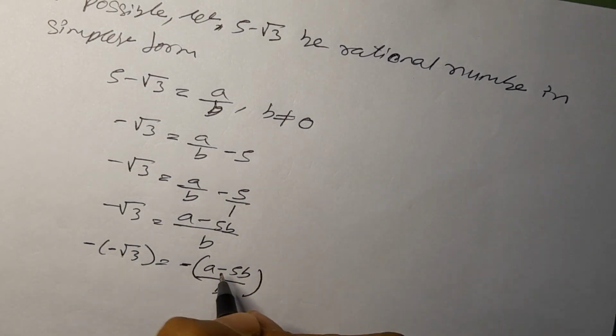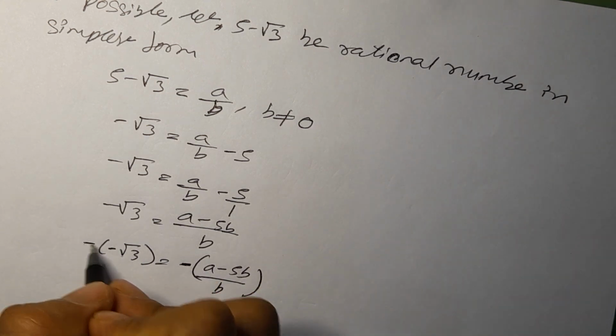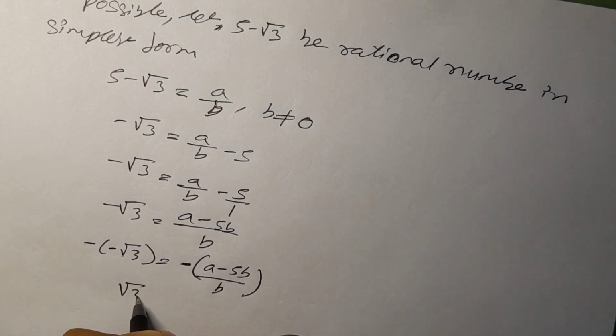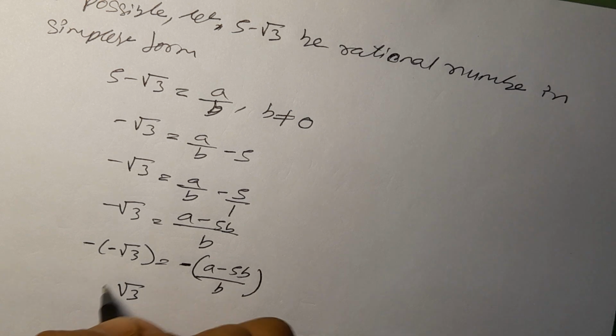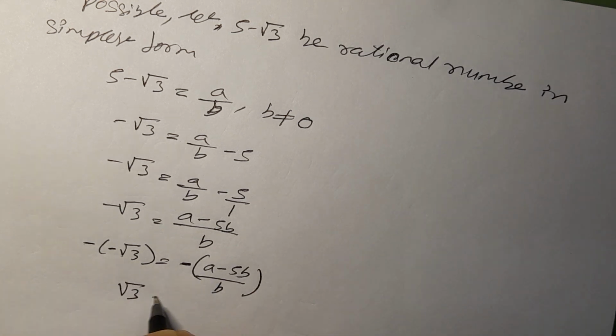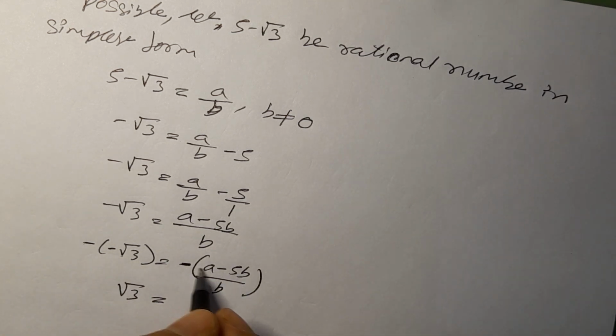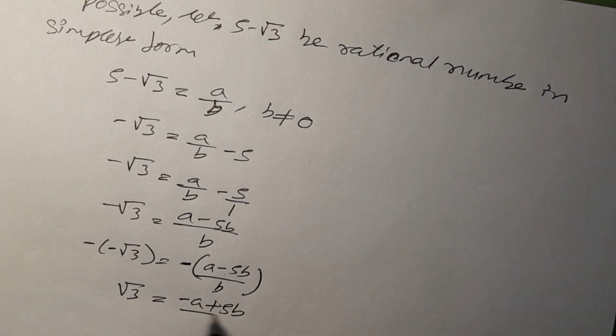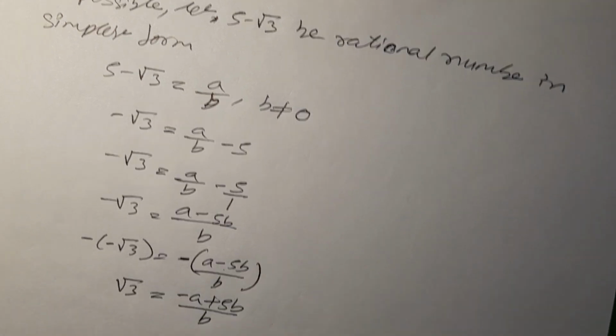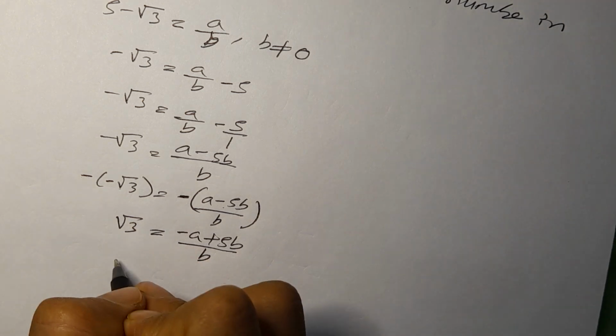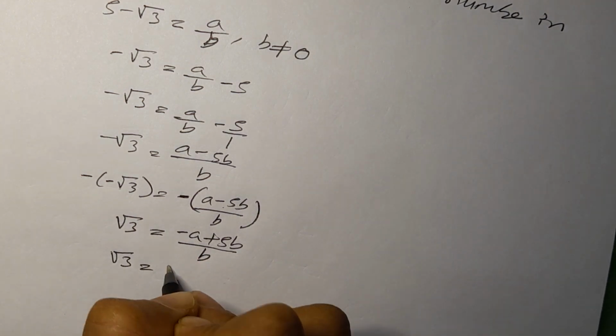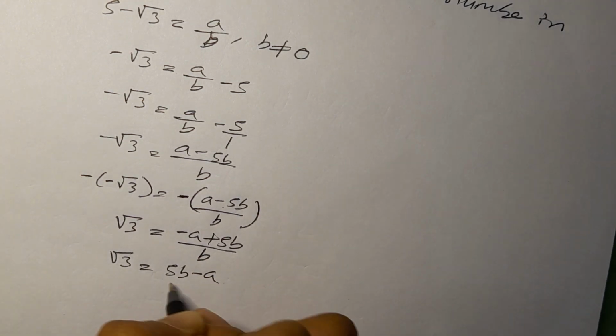We have multiplied both sides by negative, so negative and negative give positive. If you are confident enough, you can write this directly, no need to show this. So it will be a sign change. It will be minus a, minus into minus, it will be 5b divided by b. Always while writing, write the positive first. So root 3 equal to 5b minus a divided by b.